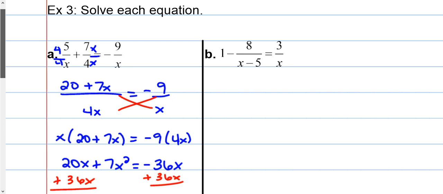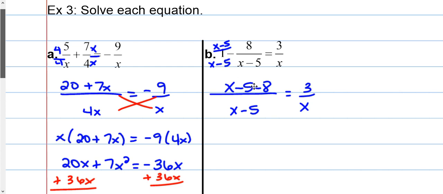So we're going to have to find a common denominator on this left side, which is x minus 5. So I'm going to multiply the top and the bottom by x minus 5. So now that times 1 is just x minus 5 minus 8. So now on the left side, I have x minus 5 minus 8 over x minus 5. And that's equal to 3 over x.